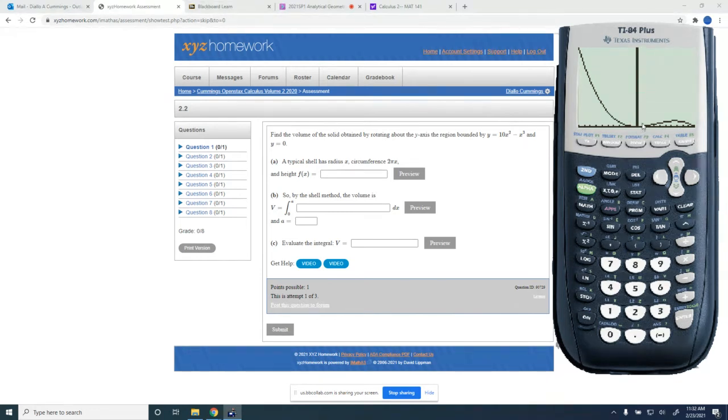So we want this in the first quadrant. Which brings us to a second point. We want the limits of integration from a to b. So I have the function 10x squared minus x cubed. How do we find the limits from a to b? Well, there are a couple of ways to find the limits.